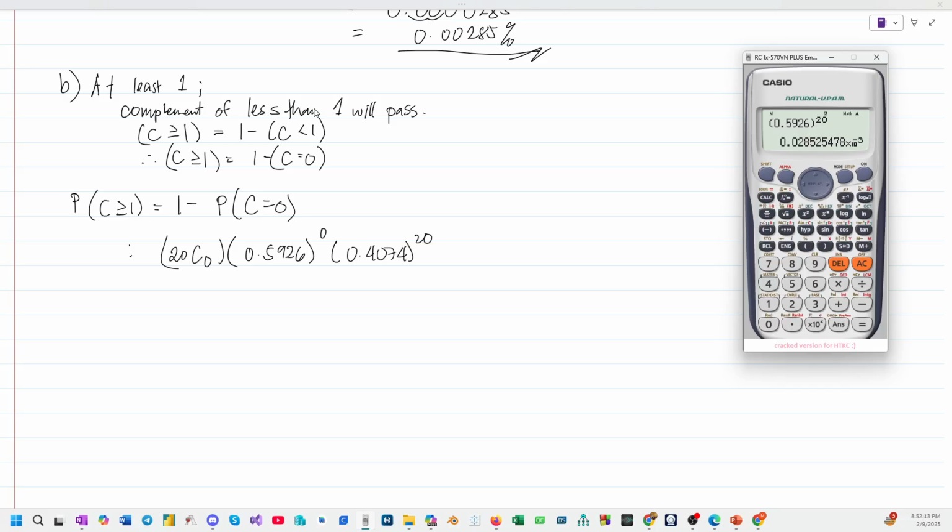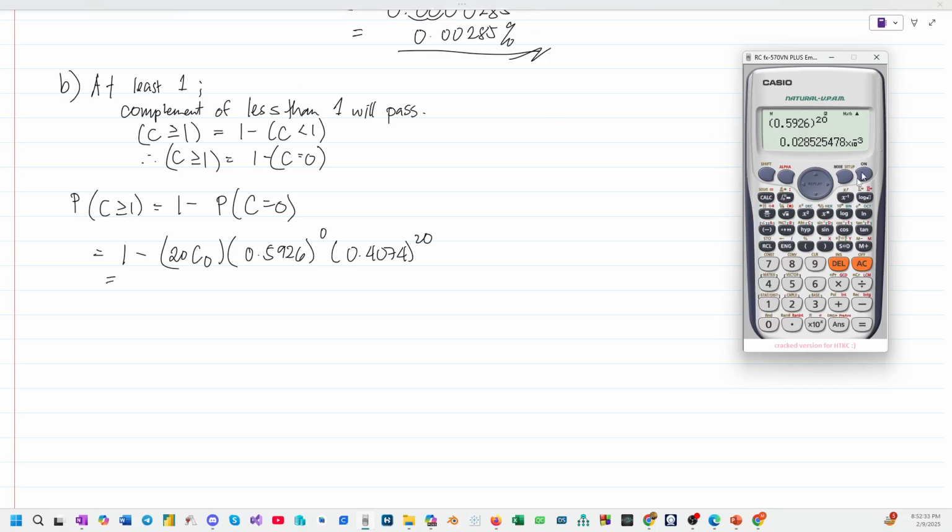Ito yung P of C equals 0. Ilalagay natin siya ng 1 minus sa unahan. Kasi syempre complement nga siya eh. 1 minus yan. Diba? Yung total na yan. Okay? So, equal siya saan?